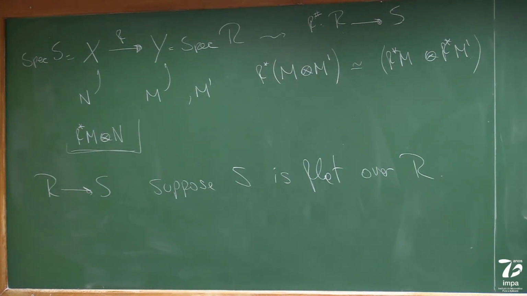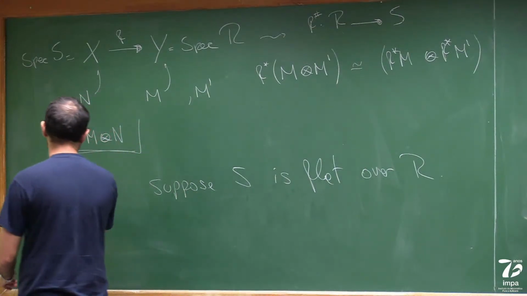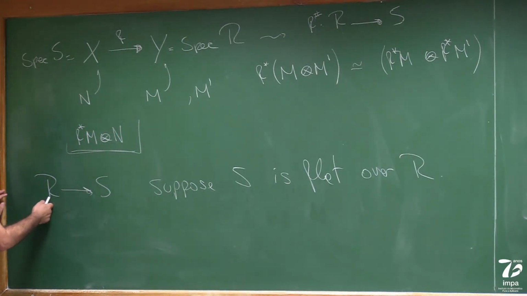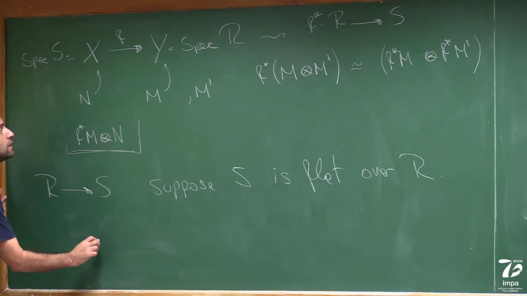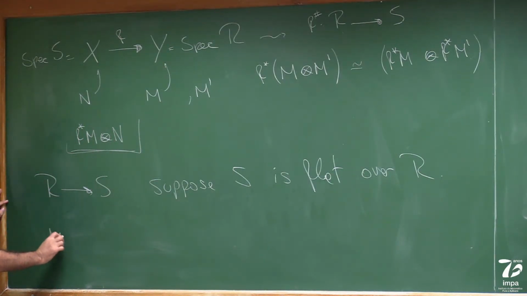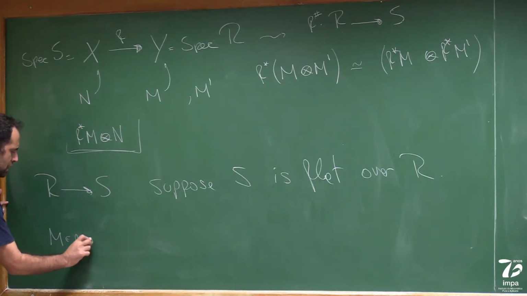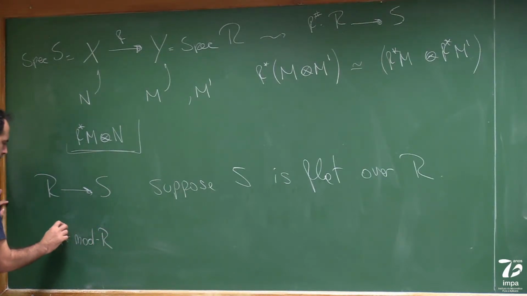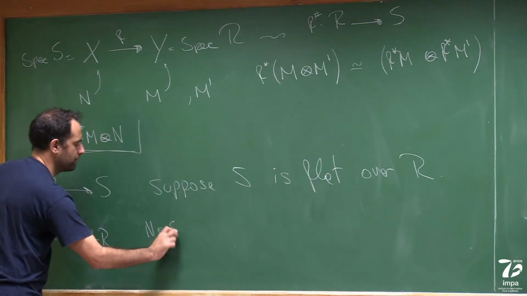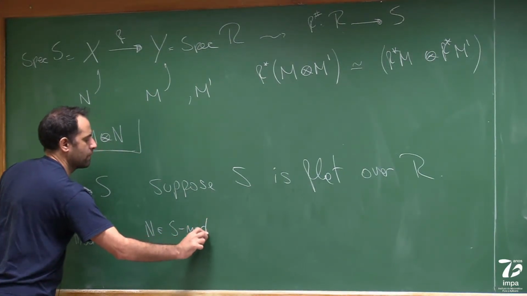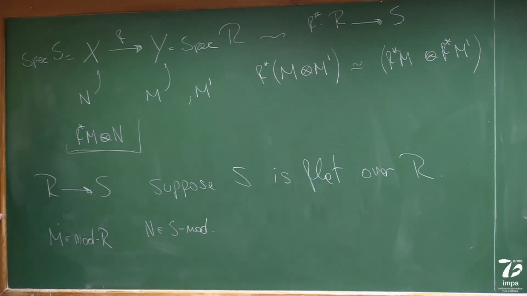Okay, so we are in this situation. We have a morphism of rings, and this guy is flat over this. And let's now take modules accordingly. So M is an R module, and let's take N, an S module. One on the right, the other one on the left. This didn't require these rings to be commutative anywhere.